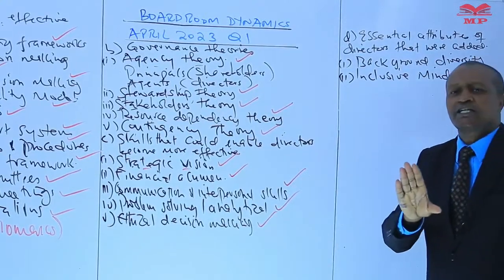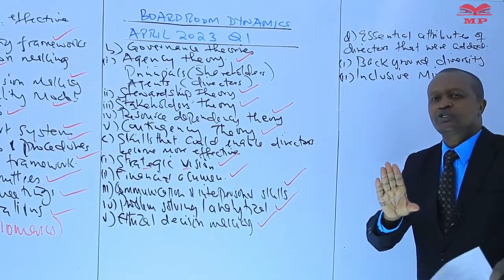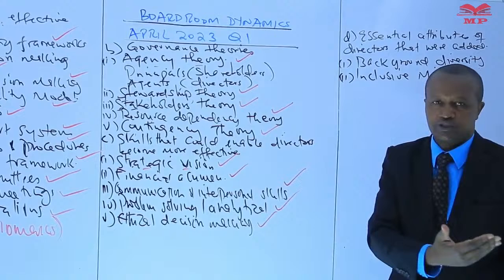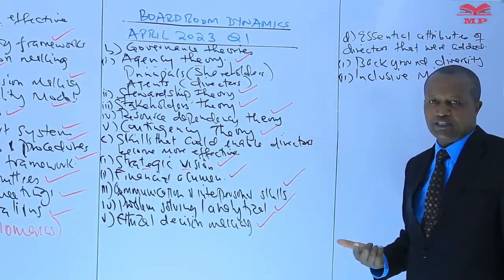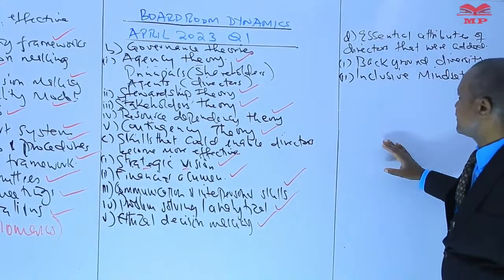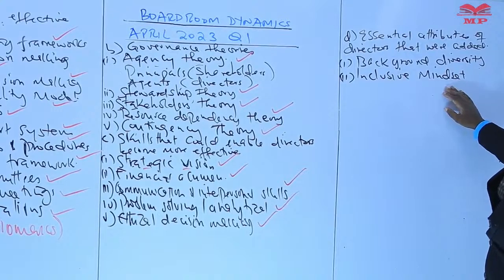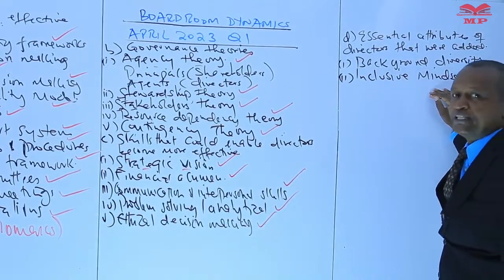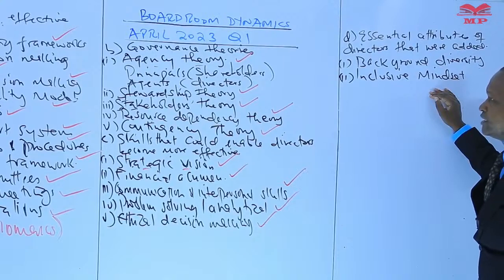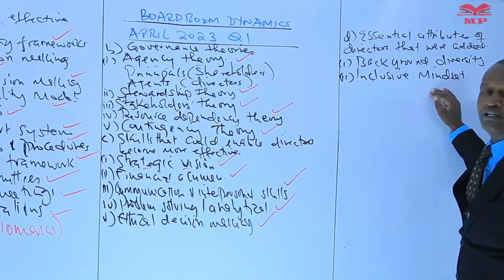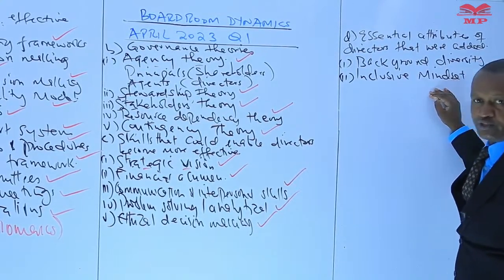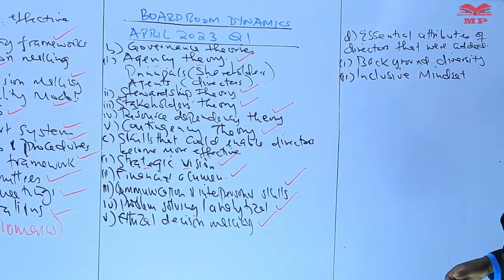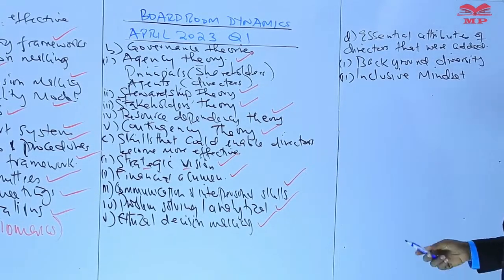Such directors should value contributions from all board members, regardless of their backgrounds. So directors that were included should be ones that have what we call an inclusive mindset. This is a mindset that tolerates diverse opinions. Do you understand?